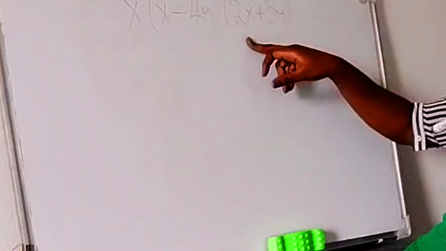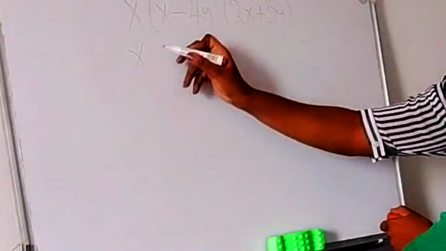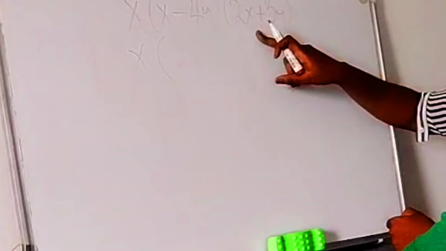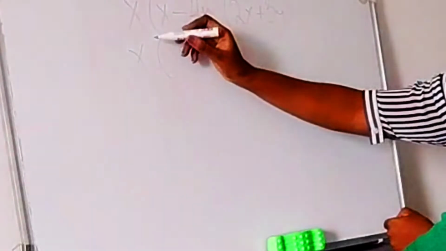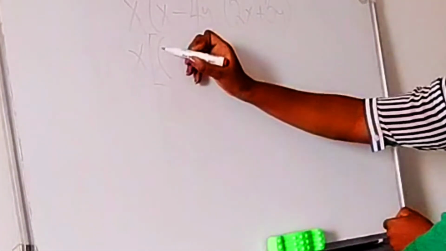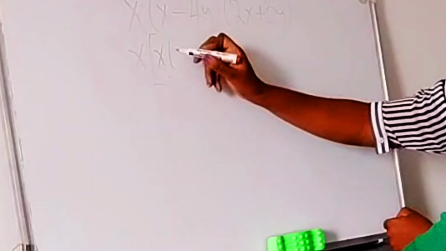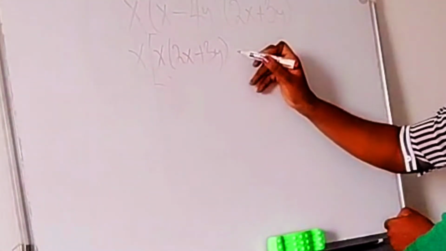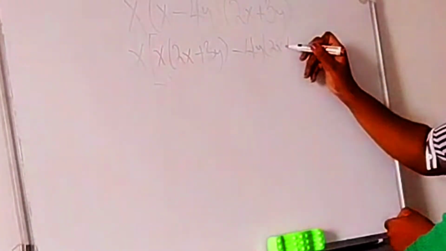Should we expand these two first? The bracket first. So we'll say x, put a bracket. Then we'll do this x times this, minus 4y times this. So we'll say x times 2x plus 3y minus 4y times 2x plus 3y.